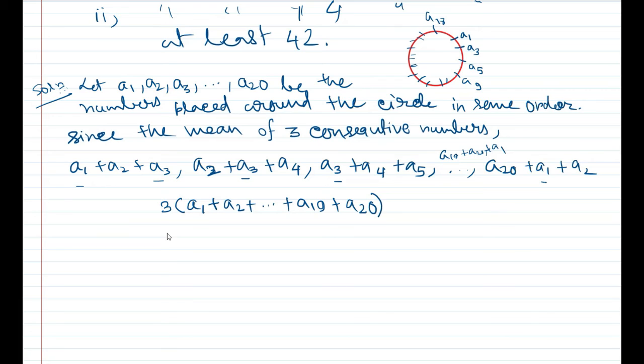and we have to show that some 3 consecutive numbers have a sum that is at least 32. Okay, so here we have to apply PP3. So now we are taking the average of them.